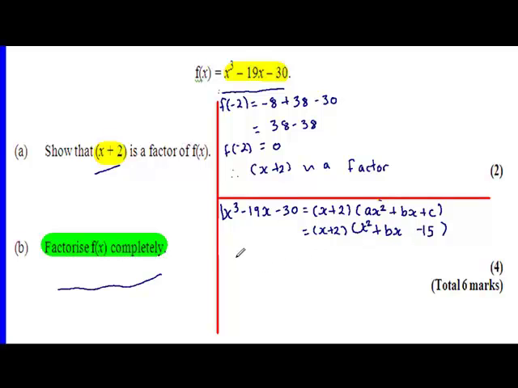If we now look at the coefficient of the middle term, which is just the x, we'll notice that it's negative 19. So by comparing the coefficients, we'll see that if you multiply the x by the negative 15, that will give us negative 15.